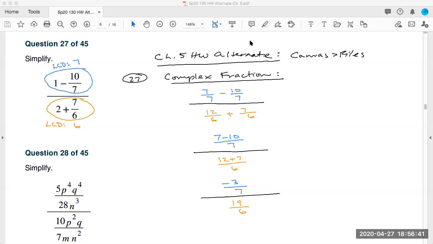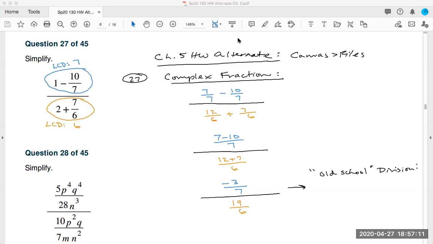Okay, now this is the part where I would suggest writing this as old school division. Remember, now there's nothing to simplify for the top fraction, nothing to simplify for the bottom fraction.